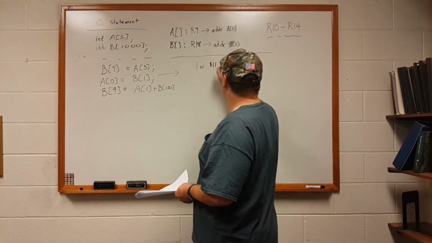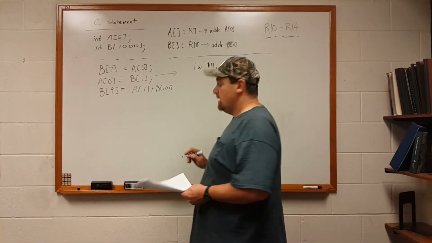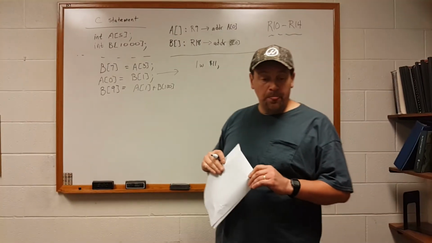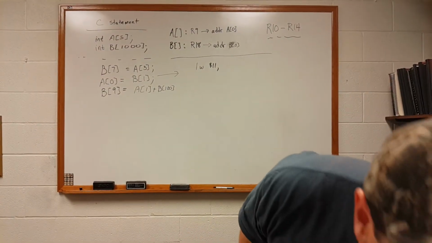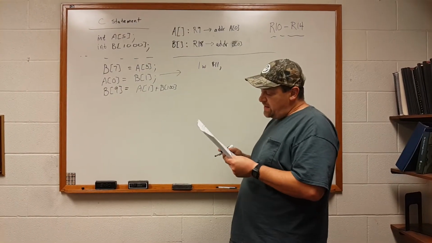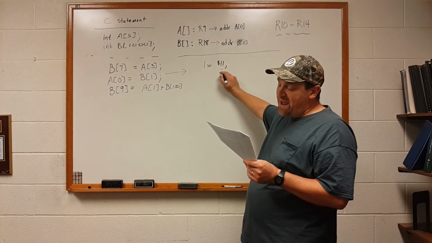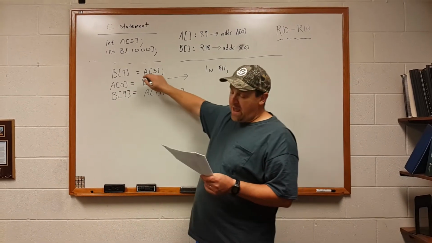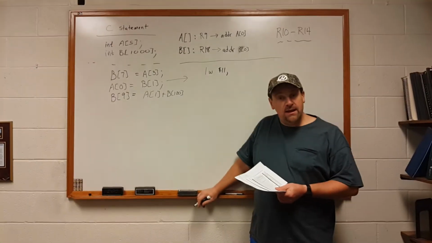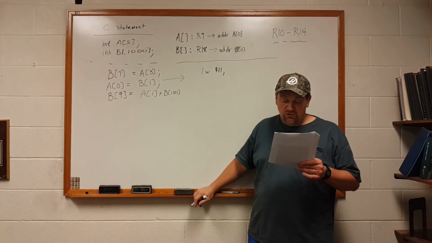I'm going to choose my trash register, register 11. Then I am going to put into register 11 the base of A, but it needs to be offset, not by 3 bytes, but by 12 bytes.